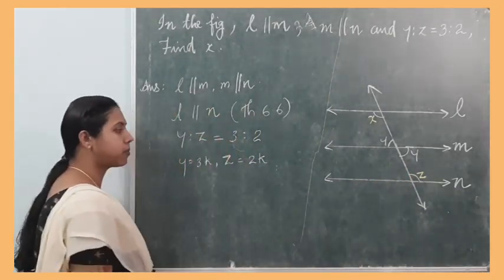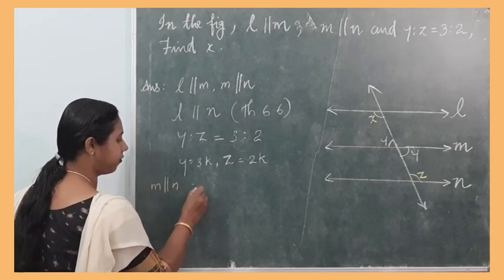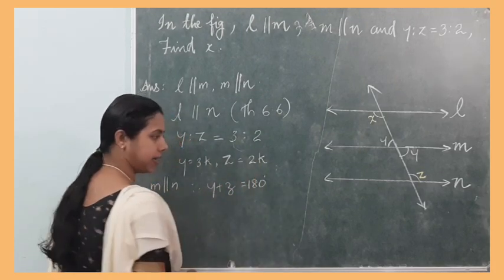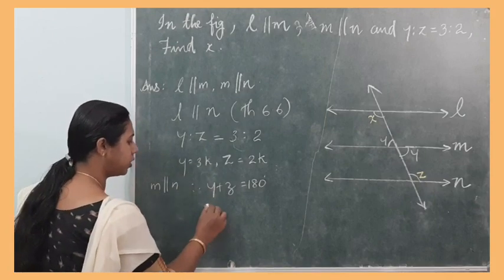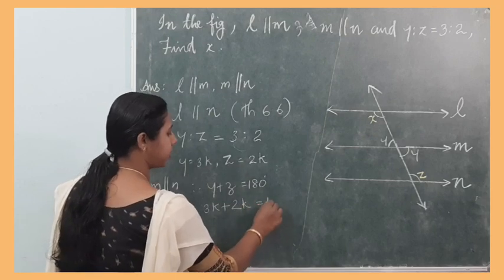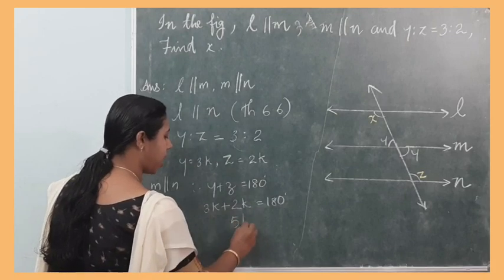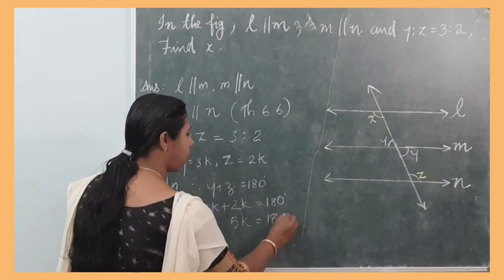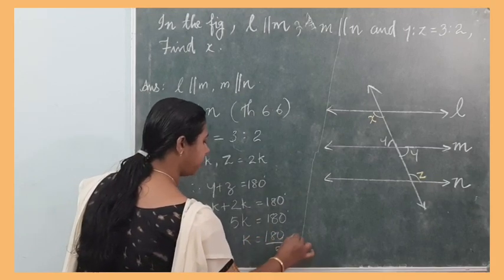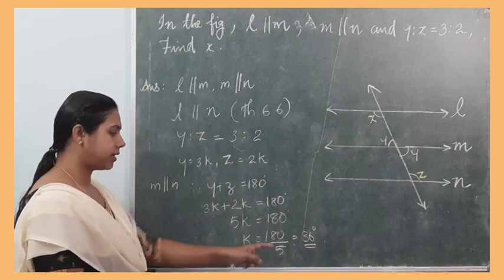So Y plus Z is equal to 180 degrees. We know that y is equal to 3k and z is equal to 2k, so 3k plus 2k is equal to 5k, that is equal to 180 degrees. Therefore, k is equal to 180 by 5, which is equal to 36 degrees. The value of k is equal to 36.